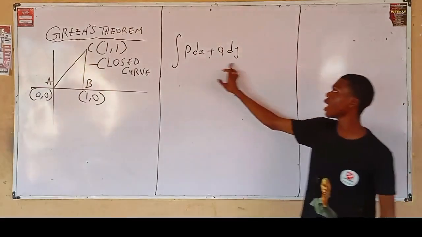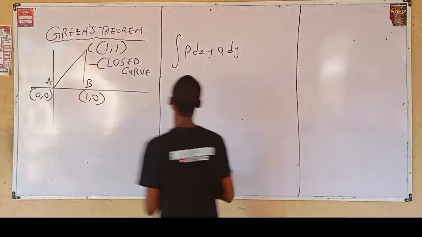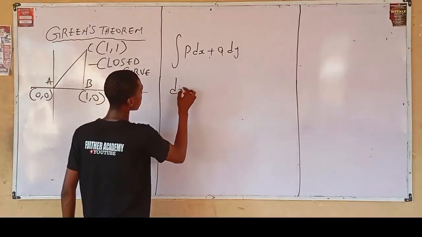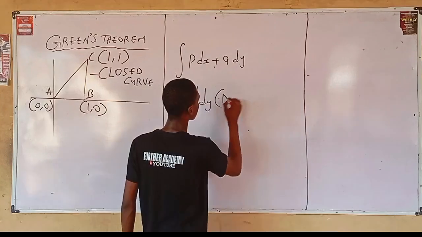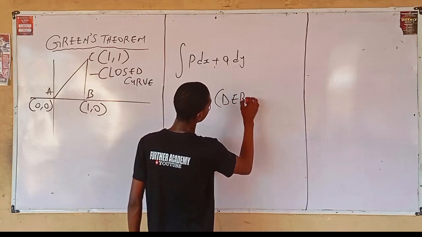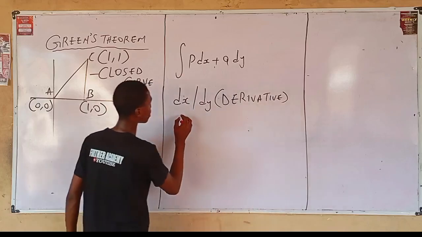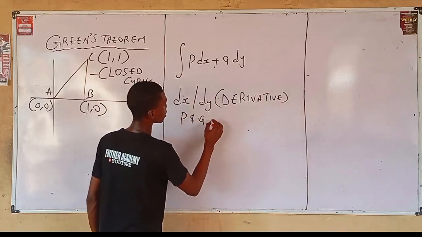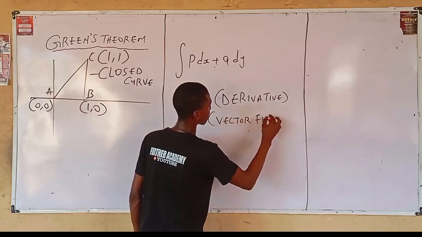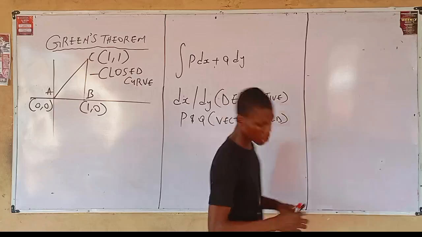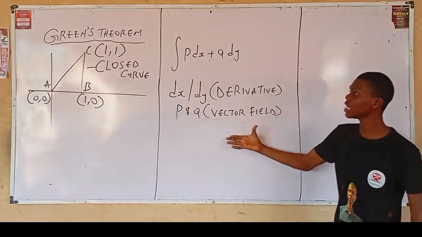Then the dx and the dy, they are the derivatives. P and Q, they are the vector field.